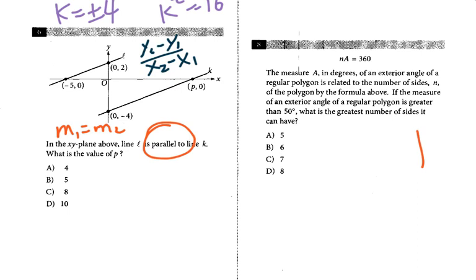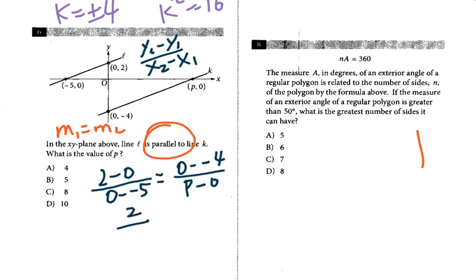So I will set up 2 minus 0 over 0 minus negative 5. It will be equal to 0 minus negative 4 over p minus 0. So I will get 2 over 5 equal to 4 over p. Then you cross multiply, p equals 10.